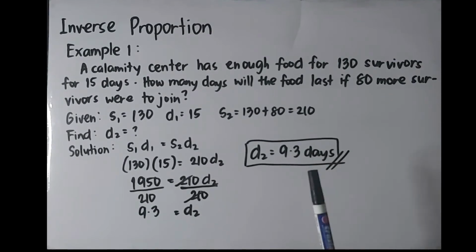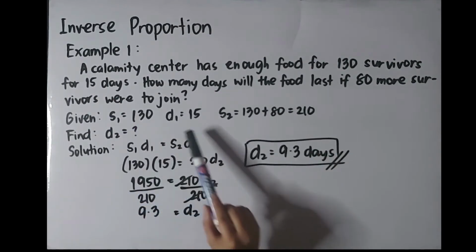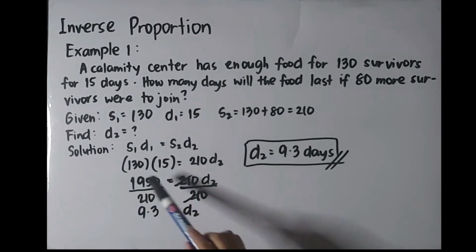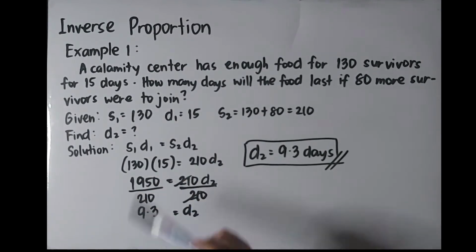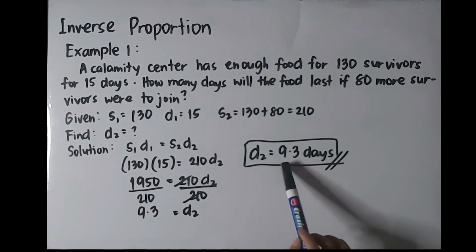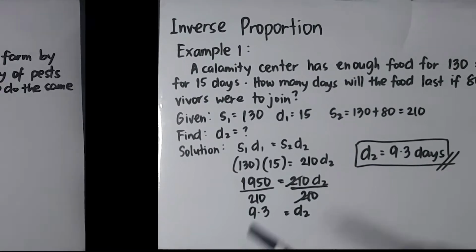So it decreased. That means this variation represents the inverse proportion: as the first quantity increases, the other decreases.